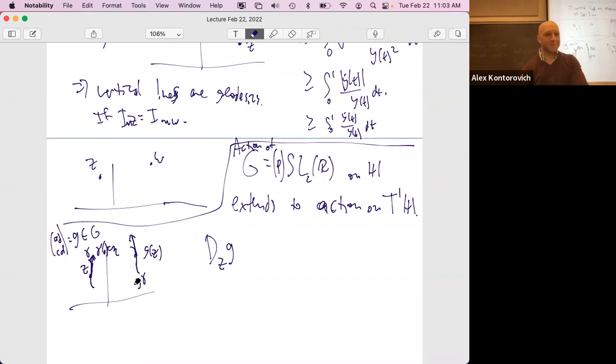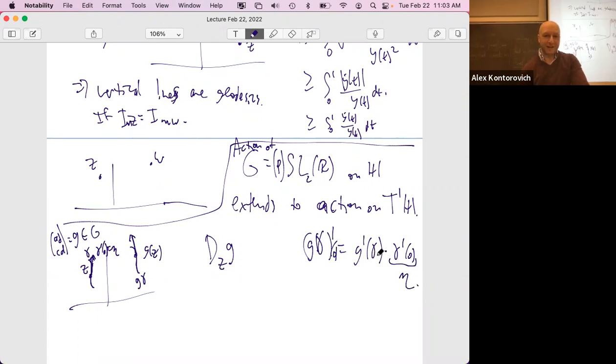Well, it's just the chain rule. The derivative of G of gamma is G prime of gamma times gamma prime. At 0, gamma prime at 0 was eta.